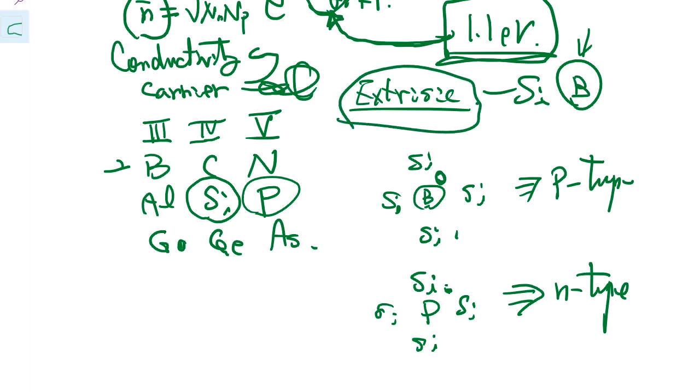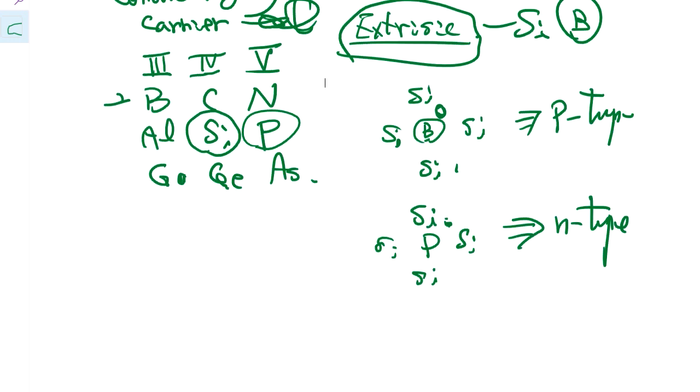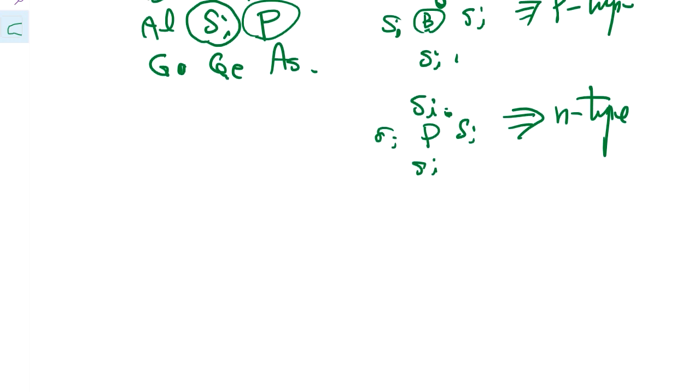Now, extrinsic semiconductor, the band looks different because the intrinsic Fermi level is right in the middle, right?